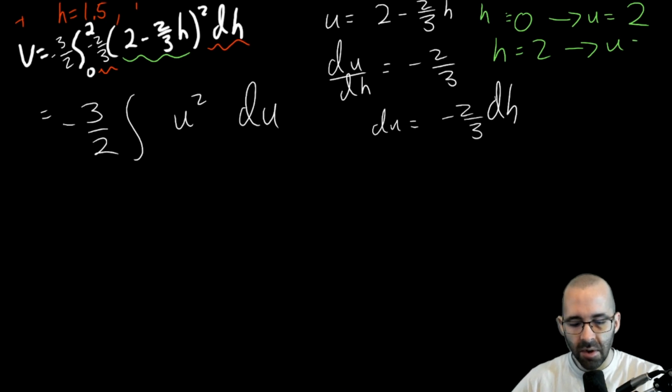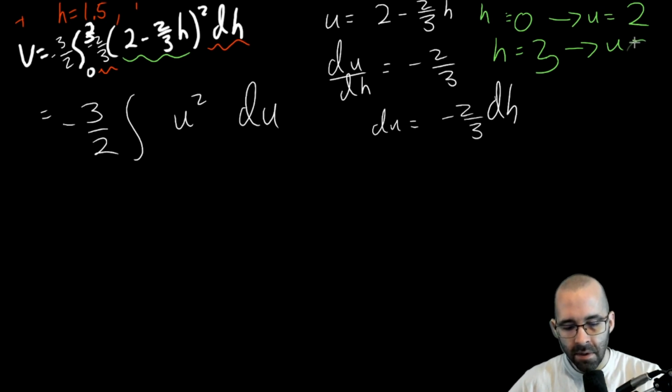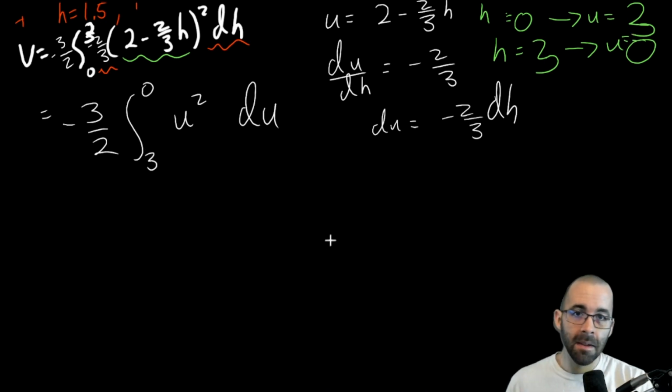Oh, wait, h is not going from 0 to 2. H is going from 0 to 3. Remember, our height is 3. If h is 3, what are we at? We're at 0. This now is just going from 3 to 0 instead of 0 to 3, and u squared.